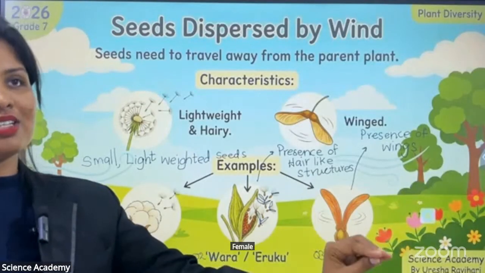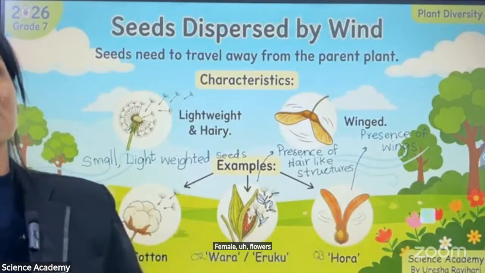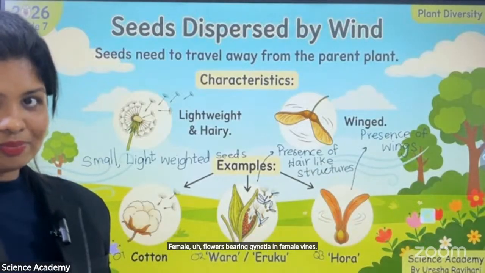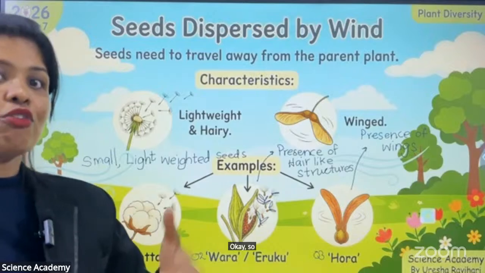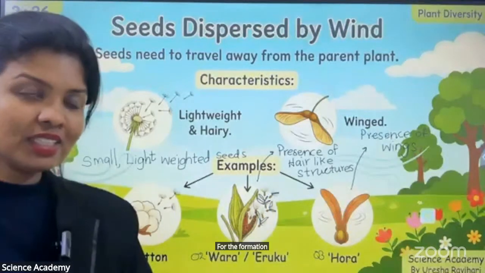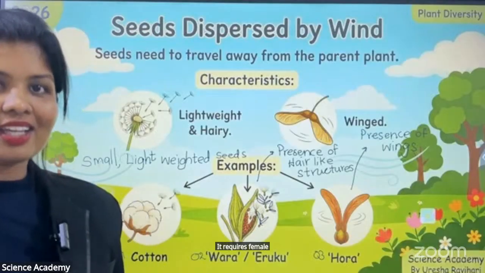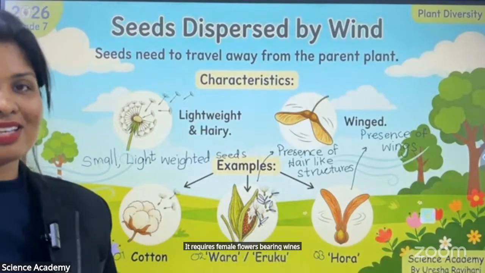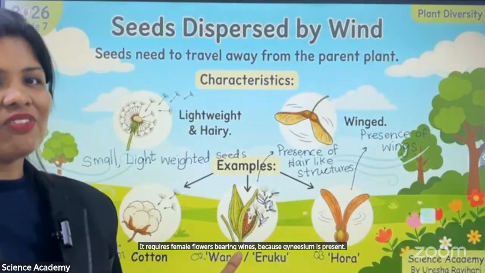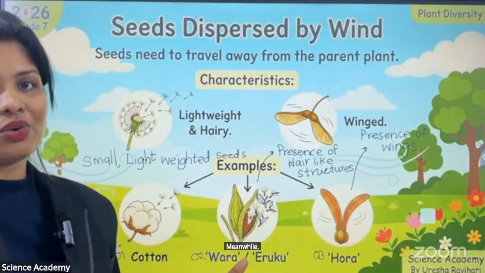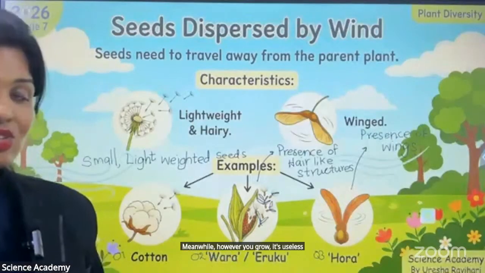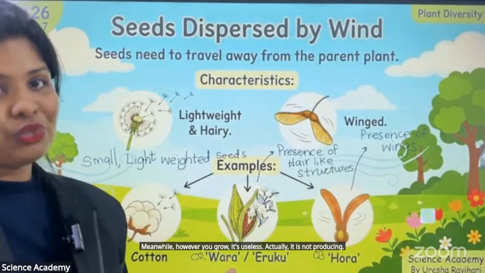Female flowers bearing gynoecium in female vines. So then, for the formation of the fruit, it requires female flowers bearing vines because gynoecium is present. Male vines, however it grows, it's useless. It is not producing fruits.